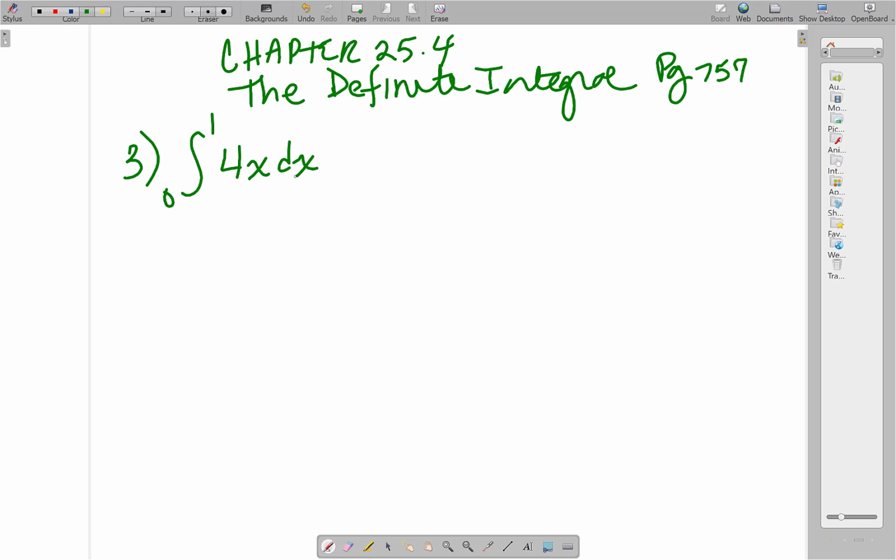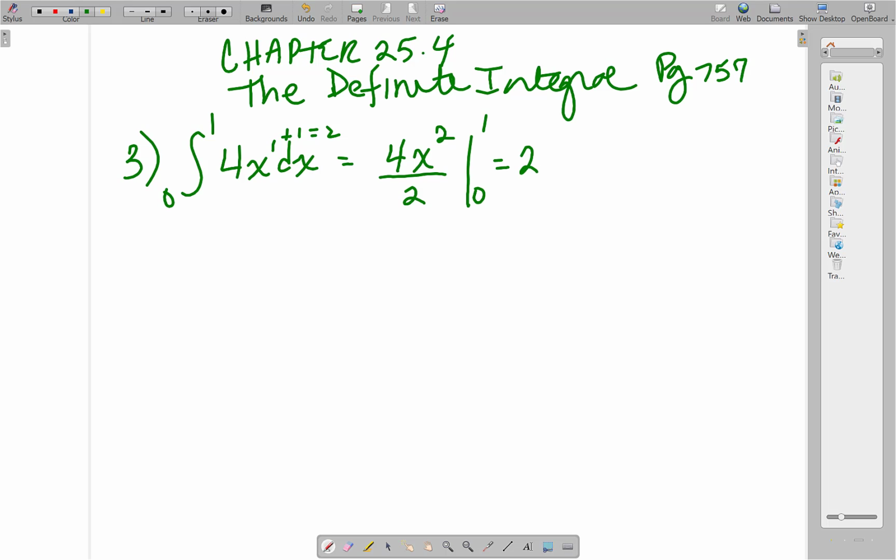To take the antiderivative of a function, we use the power rule that states take the power of the given variable and add 1 to it, and then divide by that new power. So we have 4x to the 1 plus 1 equals 2, so that would be 4x to the second, divided by 2. And we're supposed to evaluate that between 0 and 1.